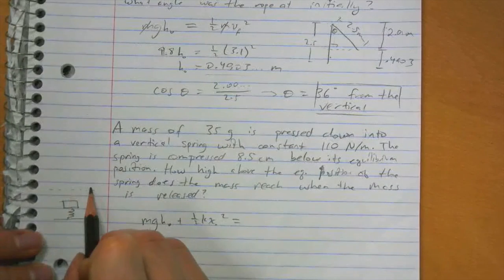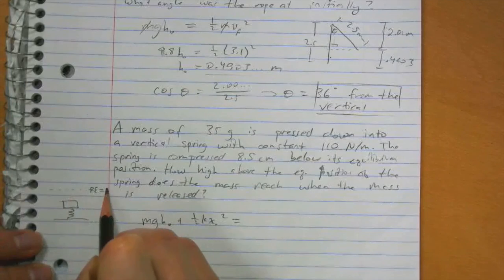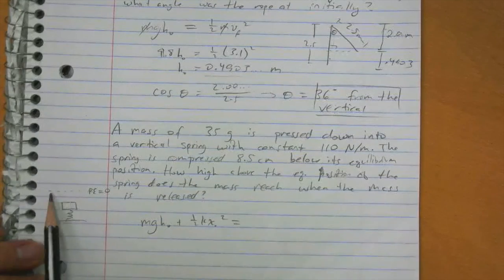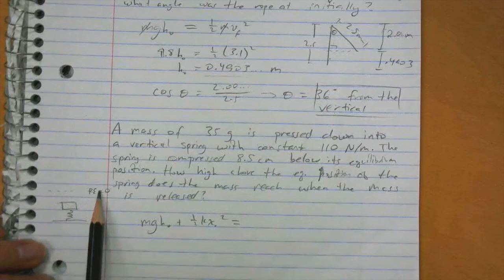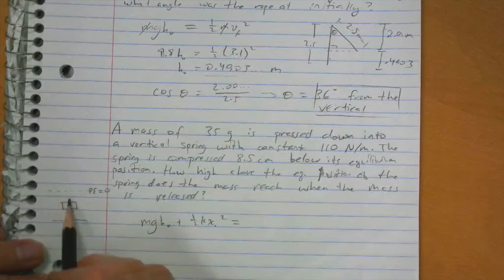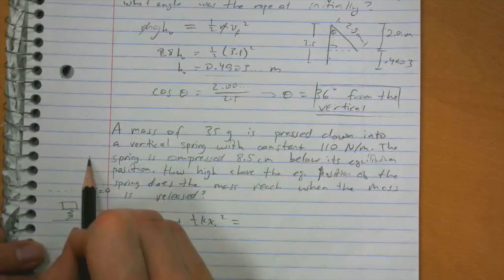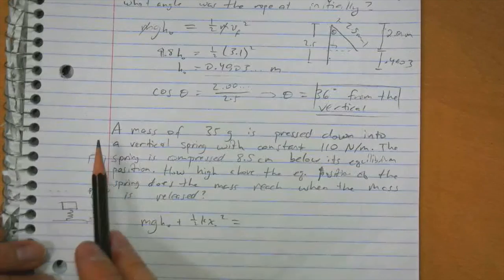I'm going to set my potential energy equal to 0 at this mark, because the question asks how high above this equilibrium position does the mass reach, so that's a good place to set as our 0. And then later on, the spring is released, and the mass flies up somewhere up here, and we want to know how high it goes.